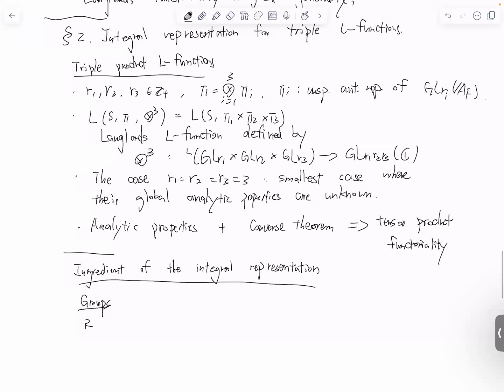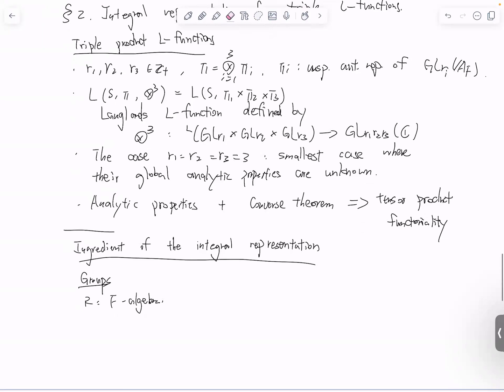I will denote here R an F-algebra. And I have the group H, a subgroup of GL_2^3, so (h1, h2, h3) in GL_2^3(R), which satisfies that the determinants of the three components are equal to each other.